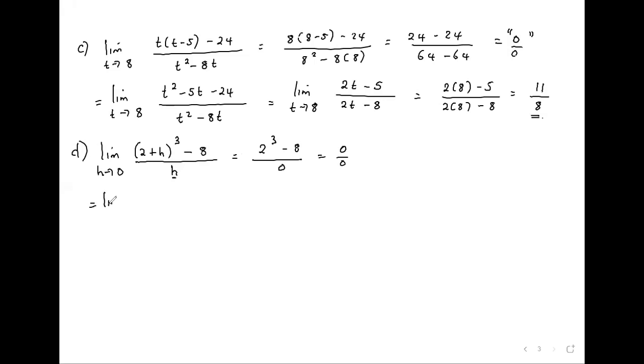So it's just to differentiate if I want. I'll differentiate the numerator. I'll get 3 and then 2 plus h squared over 1. If I differentiate the denominator, then we substitute now. So we have 3 by 2 squared over 1, which is 3 by 4, which is 12.